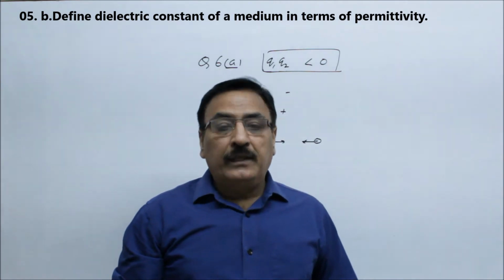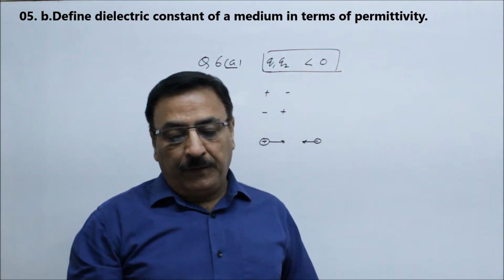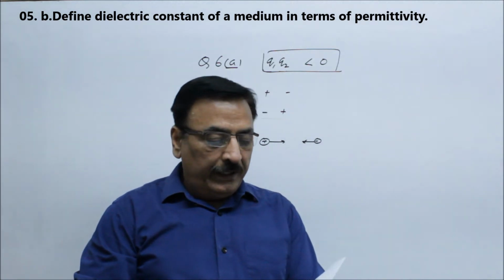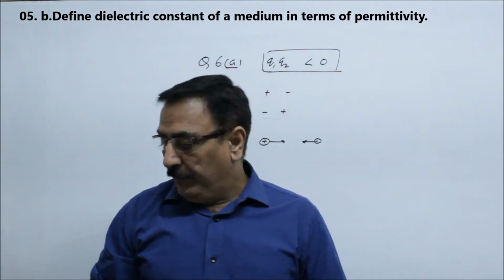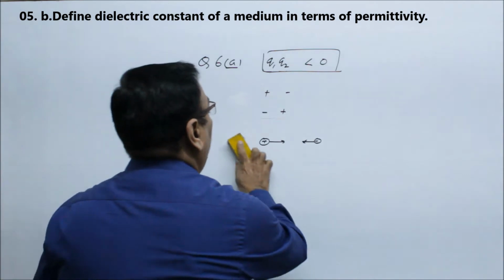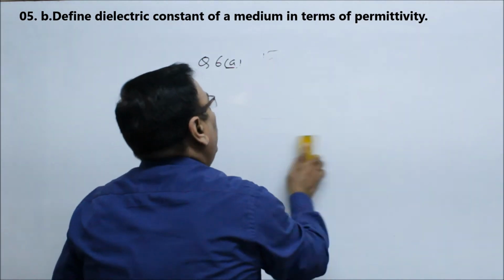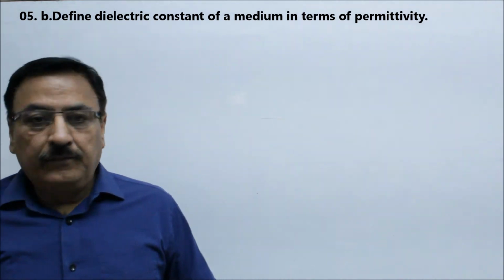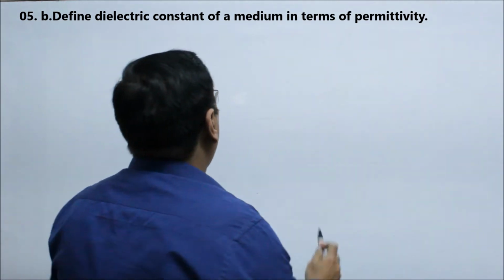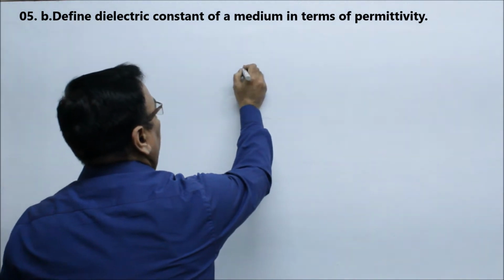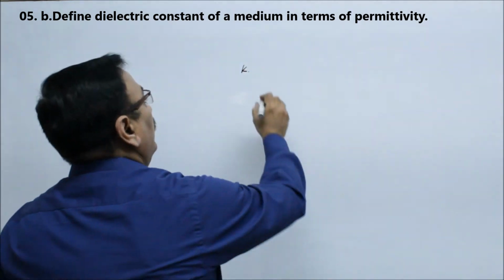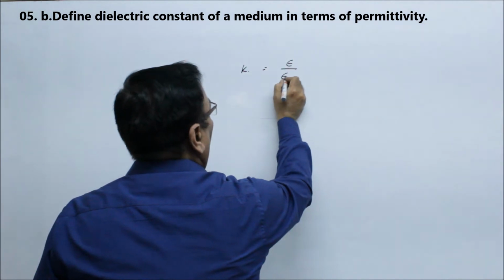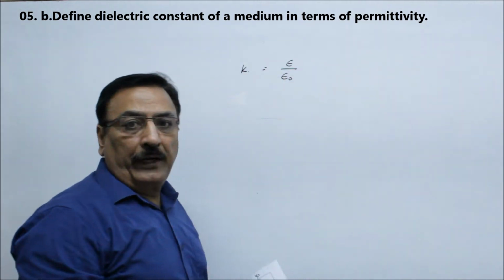Coming to the B part of the fifth question: define dielectric constant of a medium in terms of permittivity. Dielectric constant is represented by K, and it is the ratio of permittivity of the medium to permittivity of vacuum.